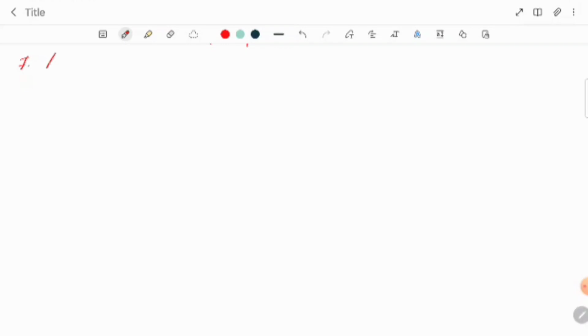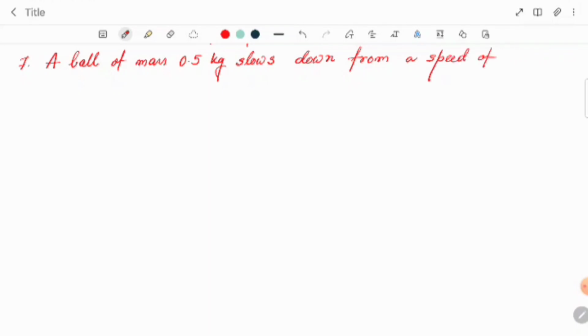They have given one question: a ball of mass 0.5 kg slows down from a speed of 5 meter per second to 3 meter per second.